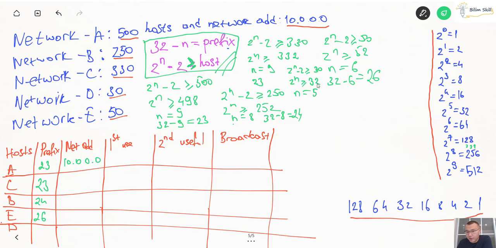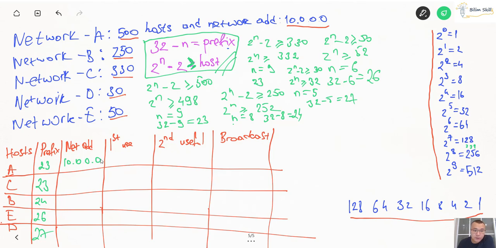Our condition is greater or equal. In our case it is equal, so we will take 5, and 32 minus 5 will be equal to 27. So the prefix for D will be 27. So we found the prefix for that, and let's calculate starting from network A.